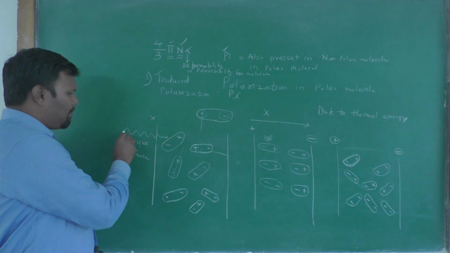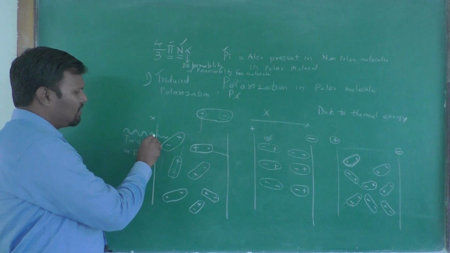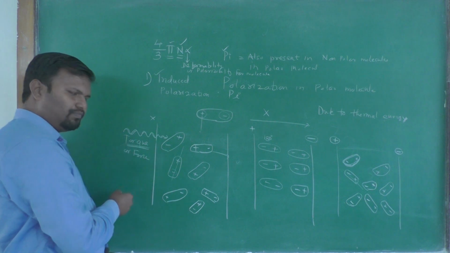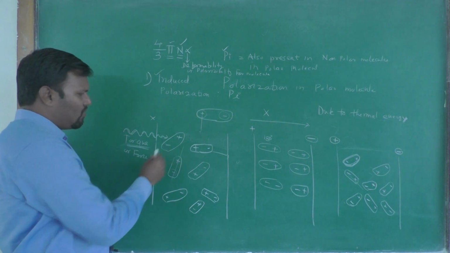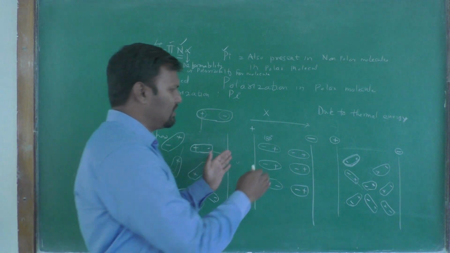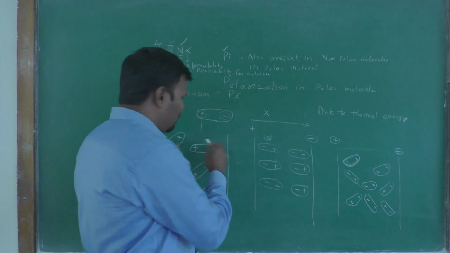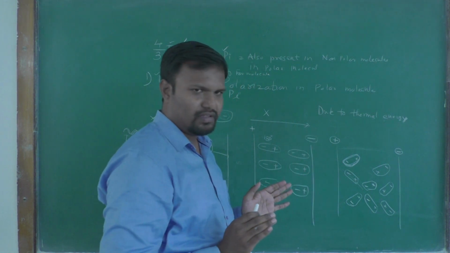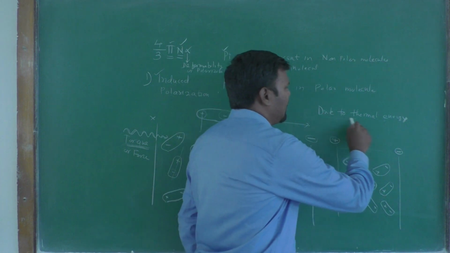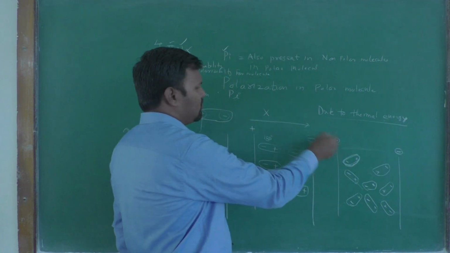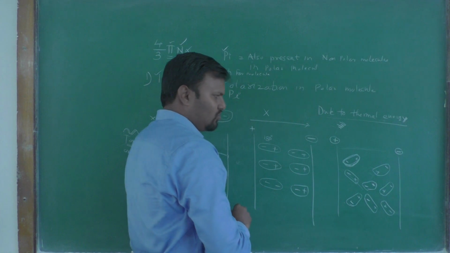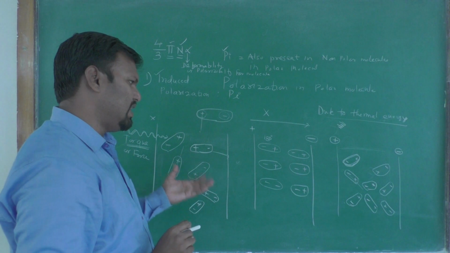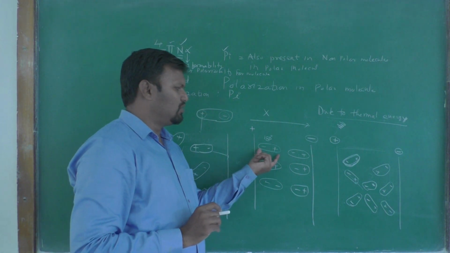Therefore, the applied electric field applies a torque to this molecule, or forces it to orient the dipole moment towards the electric field. But due to thermal agitation, the molecules vibrate. Due to this vibration, the molecules do not take that position.